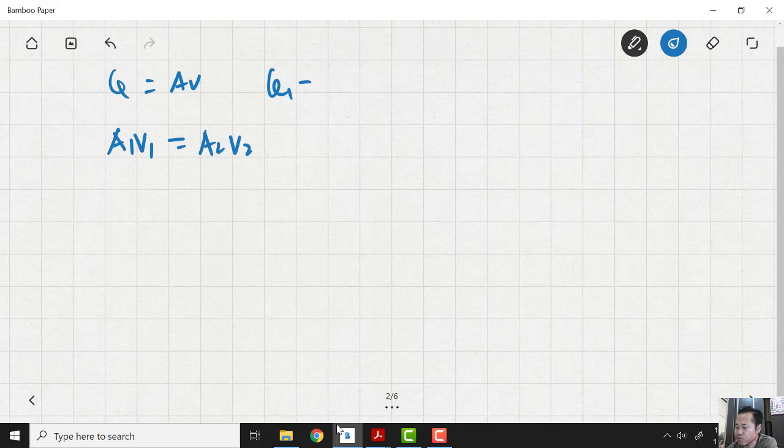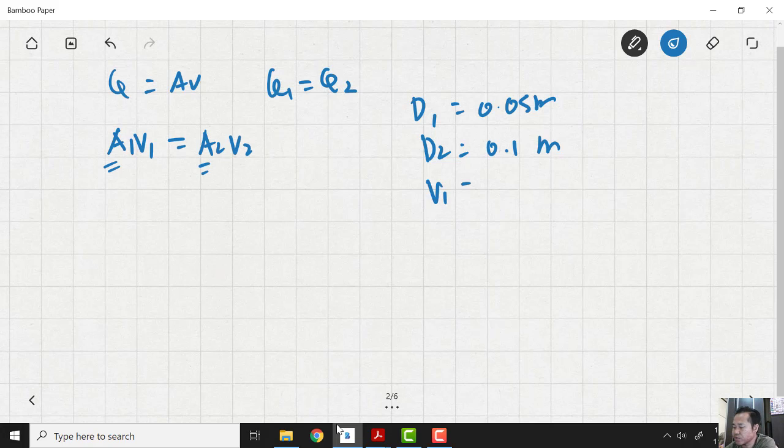D1 is 0.05 meters and D2 is 0.1 meter, so you need to find the areas. V1 is given as 8 meters per second. Just rearrange the equation: V2 equals A1 over A2 times V1. Then you calculate V2.